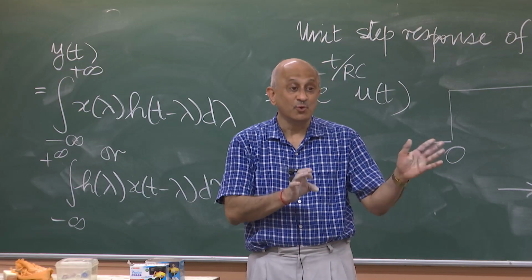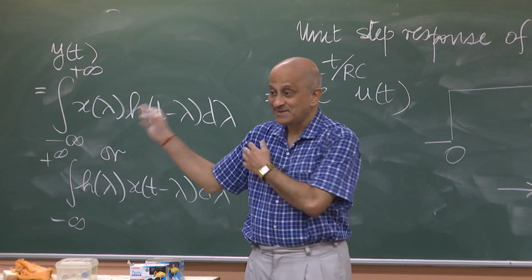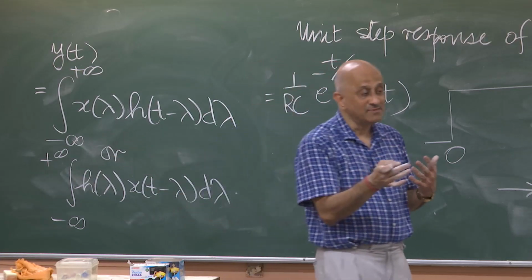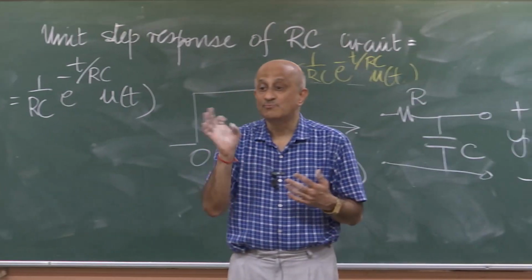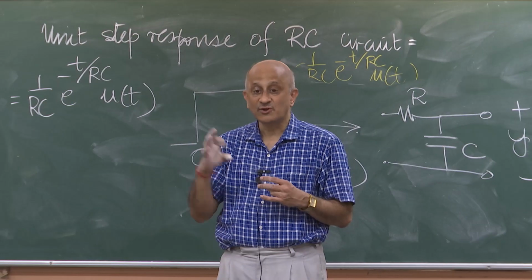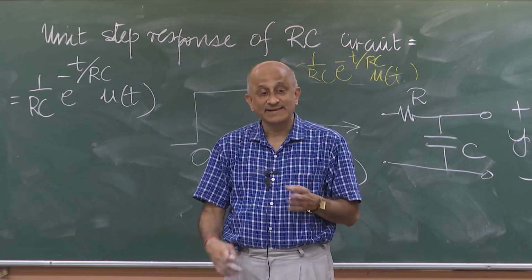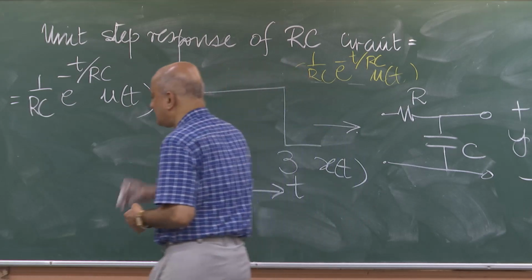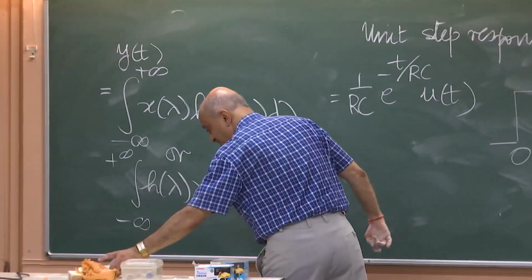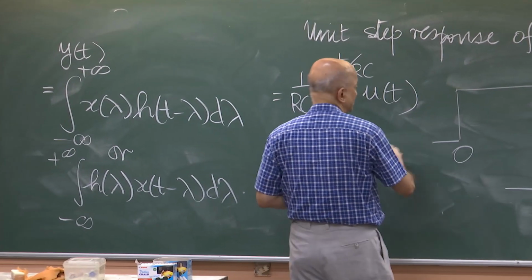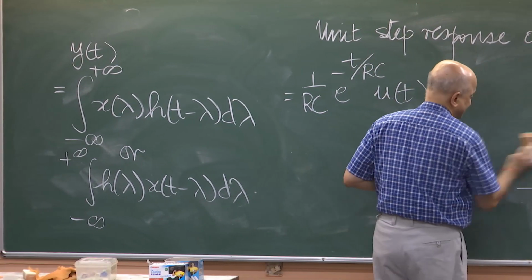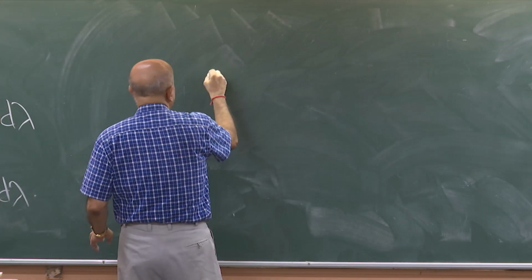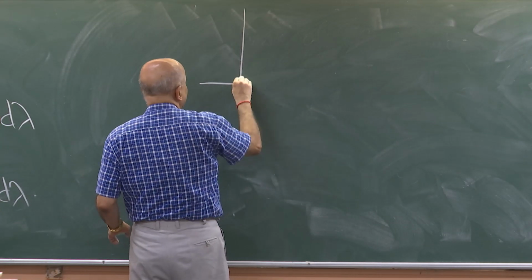It's more difficult to move a complicated waveform, isn't it? So when you have two waveforms, one of which is easy to move and the other not so easy to move, it's better to move the one which is easy to move, obviously, right? So let's fix the impulse response and move the pulse. So you have h(lambda) like this.